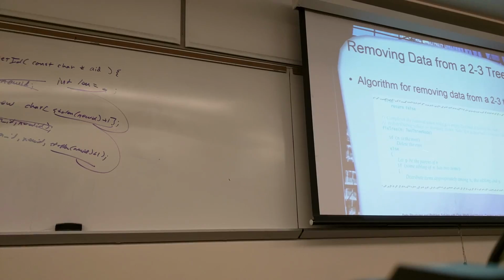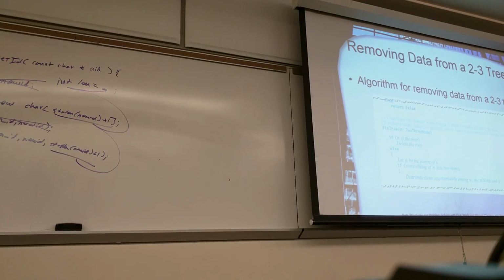So what does fixTree do? FixTree takes in a node n, which is the root of a tree. If n is the root, delete it, because that means it just shrunk the tree. Otherwise, p is the parent of n, and if some sibling of n has 2 items, then distribute the items among n, the sibling, and p.